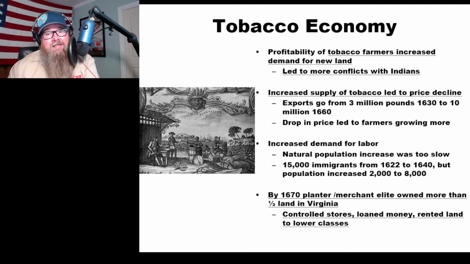But the headright system, indentured servants, all of these things are going to lead to an increase in workers to work these fields, but it will culminate in the use of slaves later on, after 1700, really. So most of the planter elite, and we're going to talk about them a lot of the time, right? They are going to be controlling everything in life, especially in the South, right?